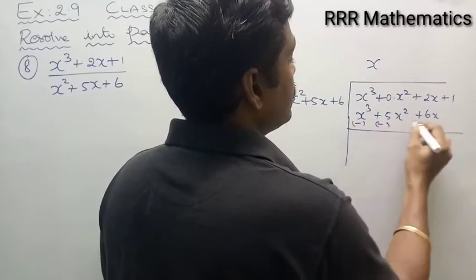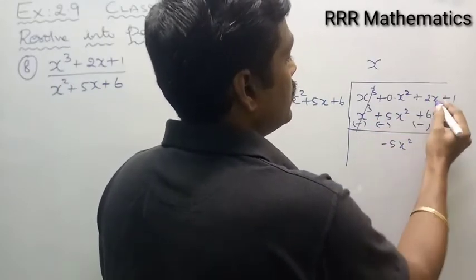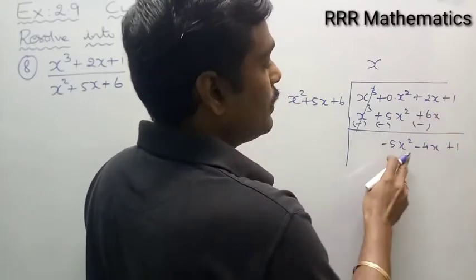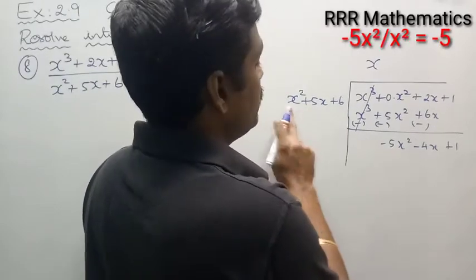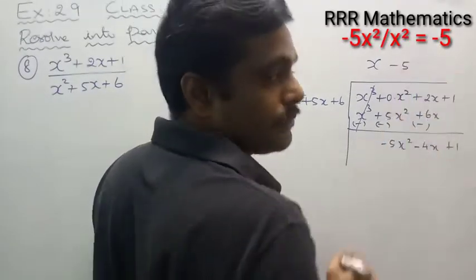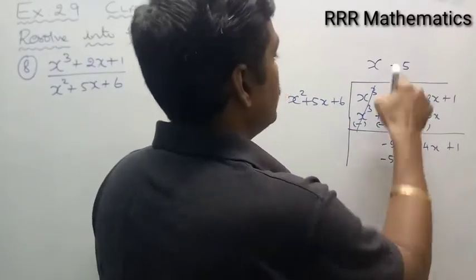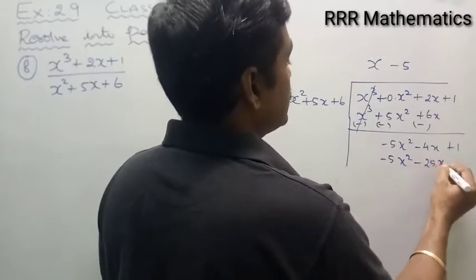Change the sign. Cancel. Minus 5x square. 2 minus 6, minus 4x. Drop this one. Again you want to divide. First term divided by first term: minus 5x square divided by x square gives minus 5. Multiply minus 5 into x square, minus 5x square. Minus 5 into plus 5x, minus 25x.